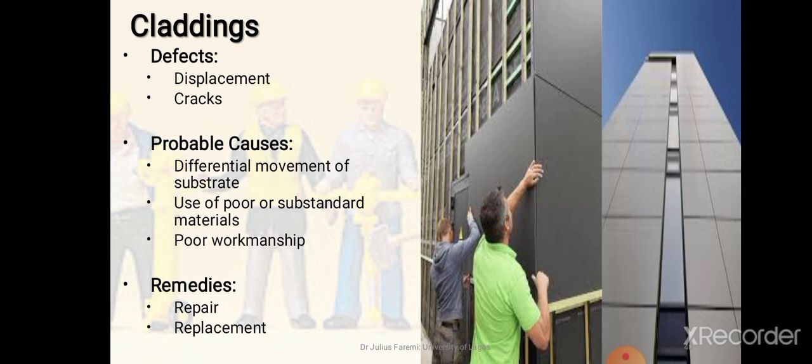So for these defects in cladding, depending on the magnitude or the severity of the defect, these defects can be remedied by repairing the defective section within the cladding system or by outright replacement of the entire defective cladding system.